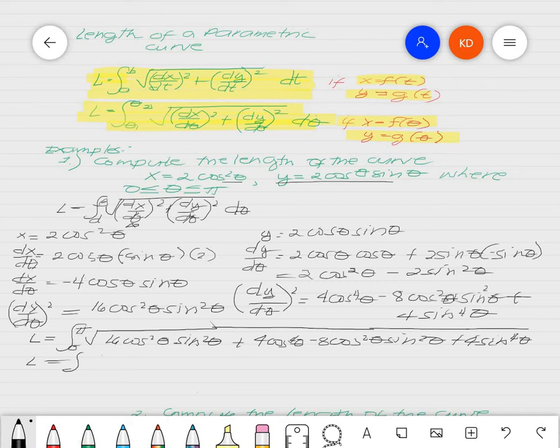Let's try to simplify the radicand, which is equal to 8 cosine squared sine squared theta.